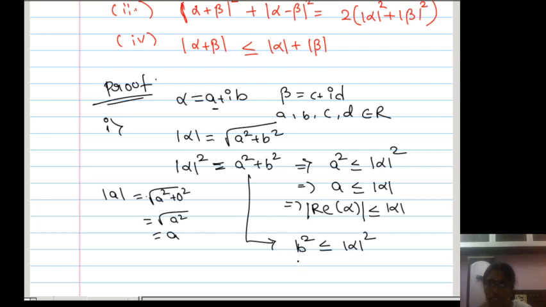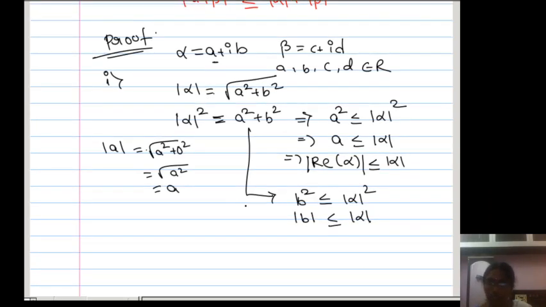So we can also write mod b is less than or equal to mod alpha in this way. Then mod b is nothing but, b is what here? Imaginary part of alpha is less than or equal to mod alpha.